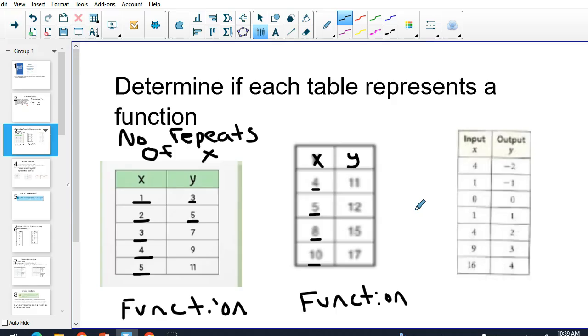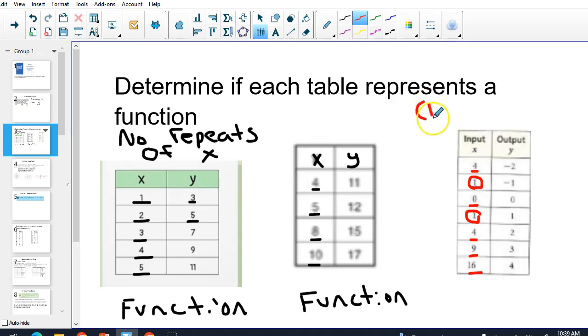Okay, and for our last relation here, I want you to notice something. I have an x value, and I have another x value. See how we have that repeat of 1 here? And then we have all the other x values are the same. Since I have this repeat, our input of 1 is repeating.